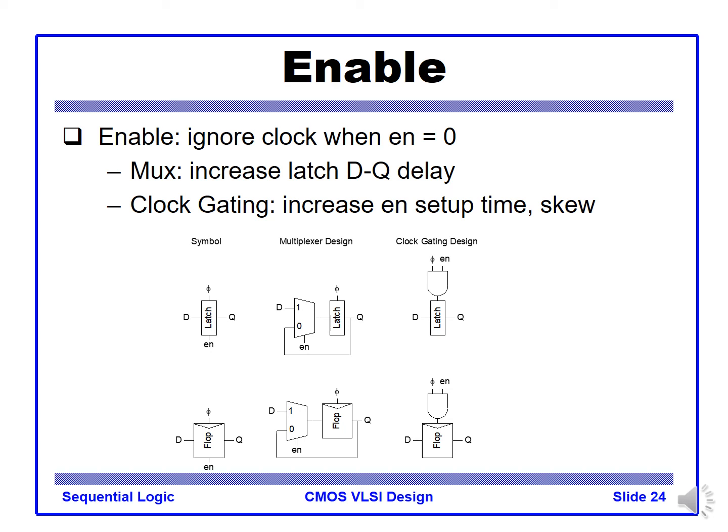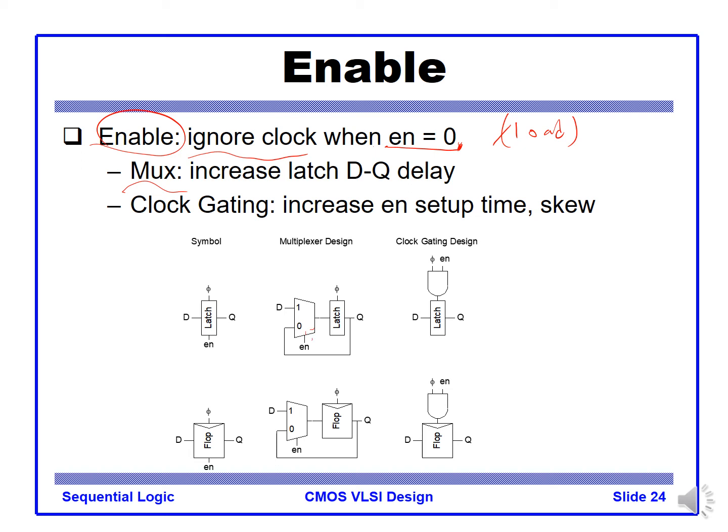For flip-flop implementation, we can add enable control, so that when the enable is 0, we don't capture the value. We just ignore the clock edge. So we hold the value when enable is 0 without taking new data input. The enable or load signal can be implemented with a multiplexer at the input.